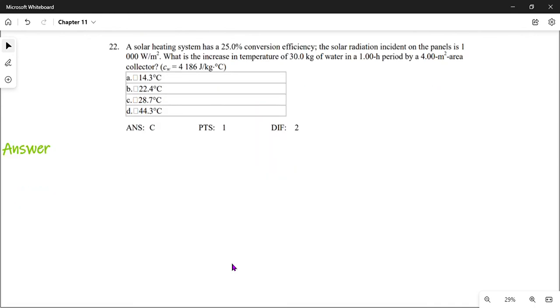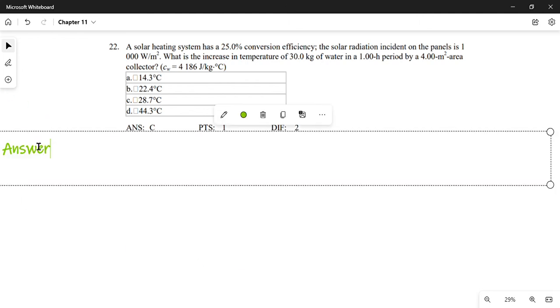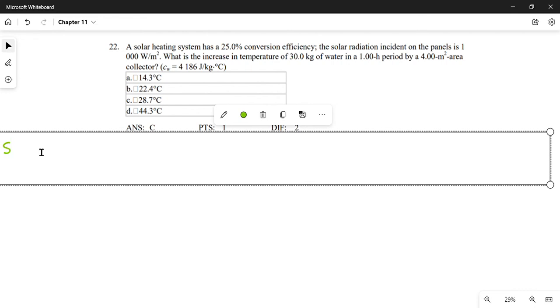Question number 22. The solar radiation or the intensity equals the power over the area. So to calculate the power, let me write it. Solar radiation equals power over time. Sorry, power over area.